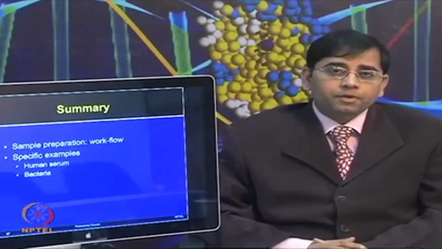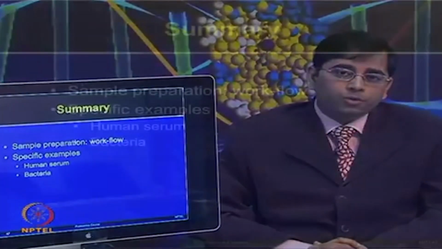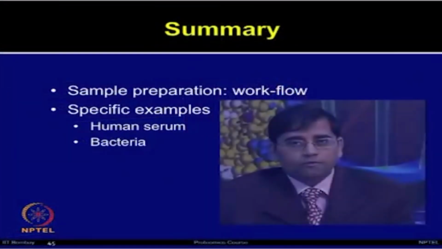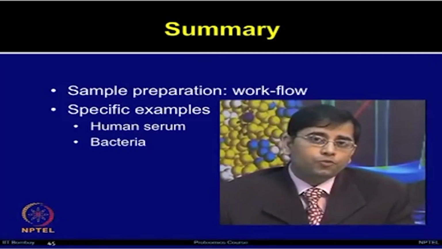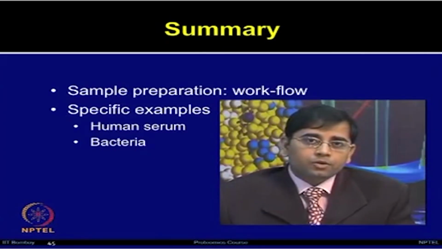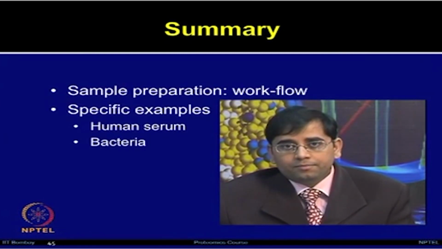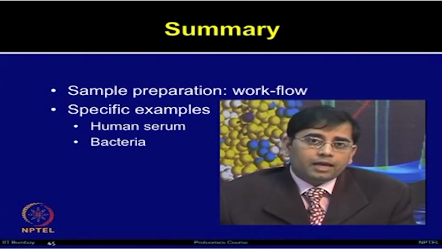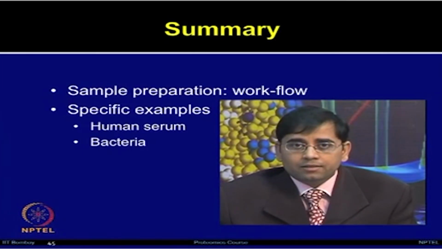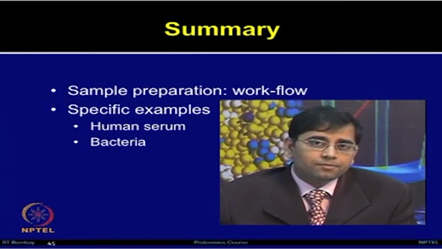So, in summary, today we have discussed the sample preparation workflow, which was continued from the last lecture. We talked about different types of precipitation methods, which can be used for different types of applications. We compared different methods.